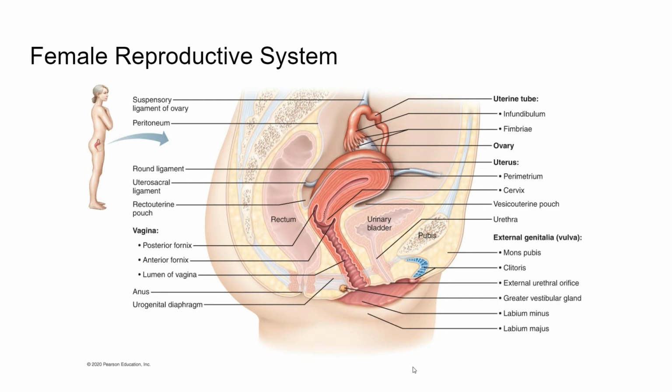So just a quick overview of the female reproductive anatomy. The main reproductive organ of the female is called the ovary. This is where eggs are produced. A lot of times you will see the more technical term of egg or ova or ovum. And the ovaries also secrete female hormones, estrogen and progesterone.